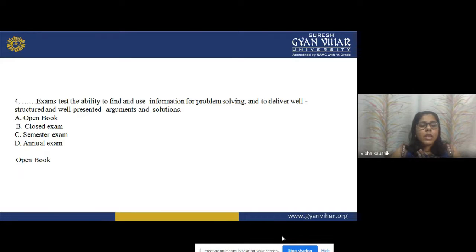The options are A. Open book, B. Closed exam, C. Semester exam, or D. Annual exam. So the correct answer is open book exams are the exams that test the ability to find and use information for problem solving.